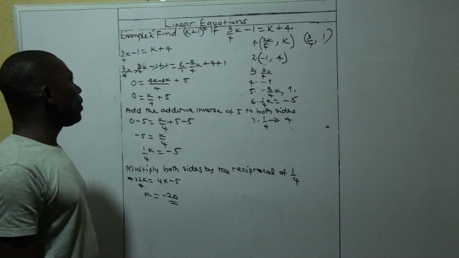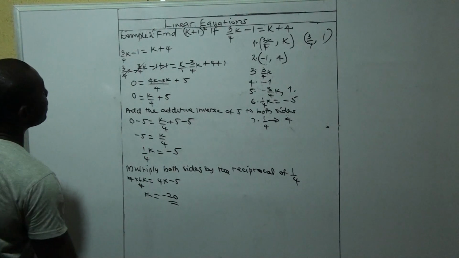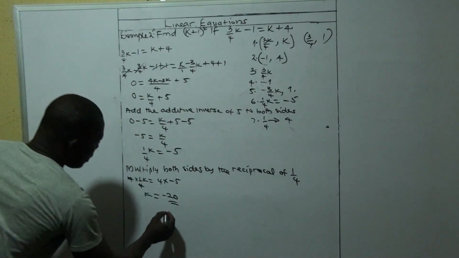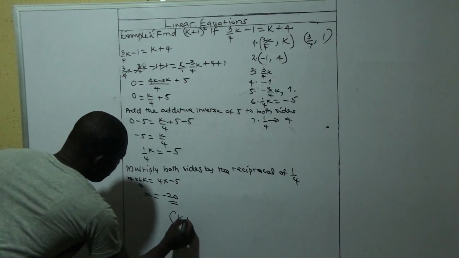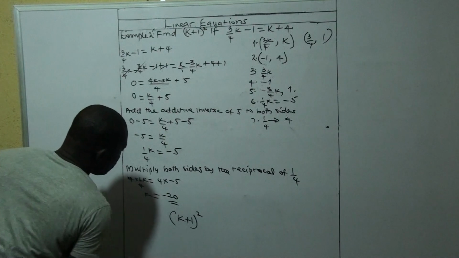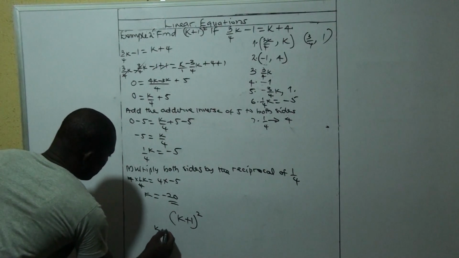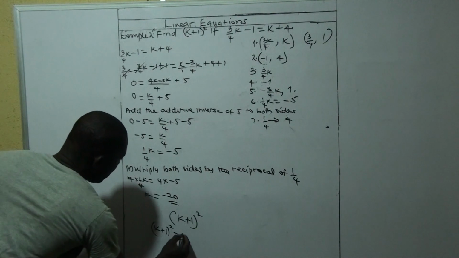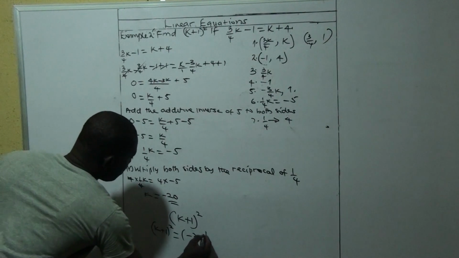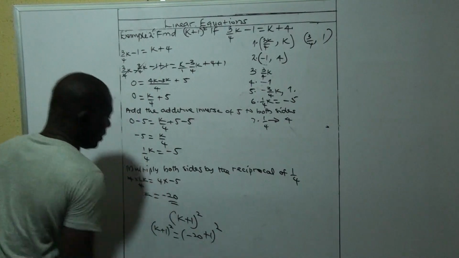If you look at our question, it says find k plus 1 all raised to power 2. Our k is minus 20. So k plus 1 all raised to power 2 will be minus 20 plus 1 all squared.